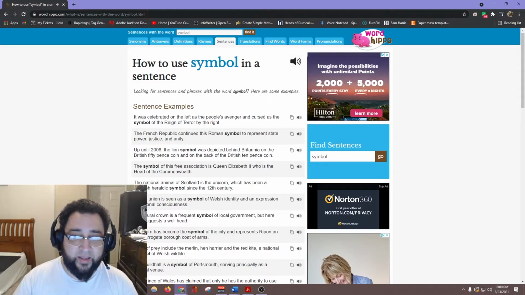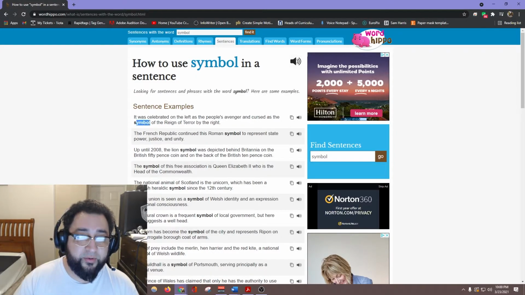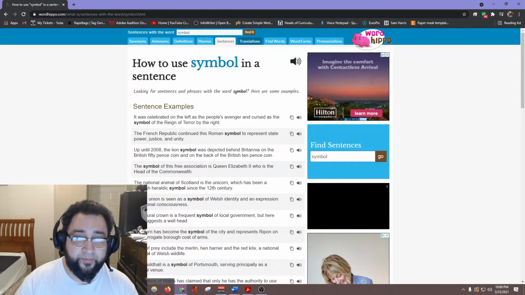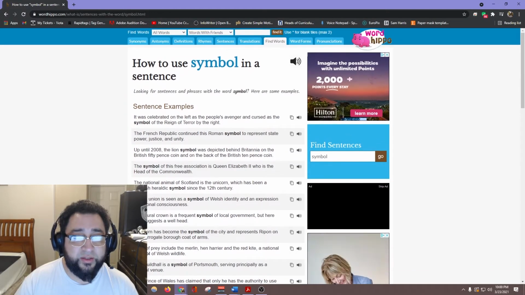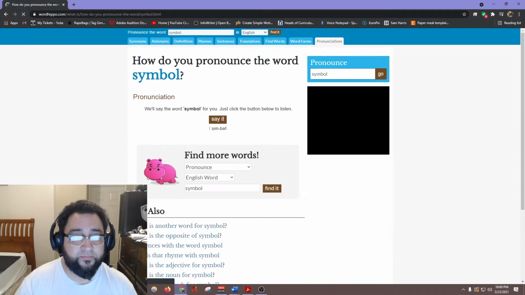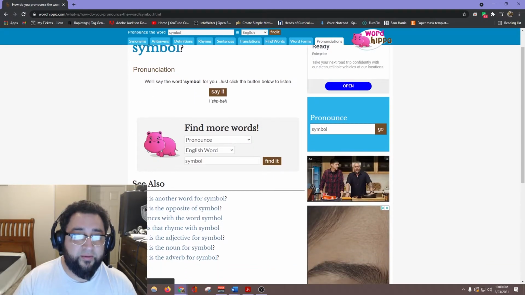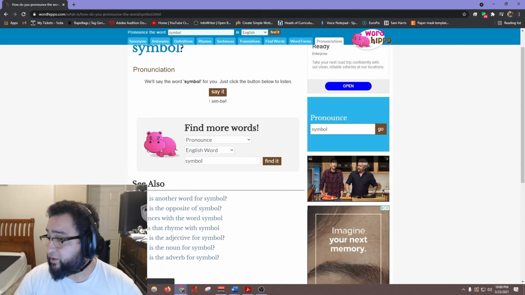So in that case, it's giving an example of how people would use the word symbol. Translations: if you need to write the word in a different language, you can find the word in translation. And so that's how you're going to use that one.